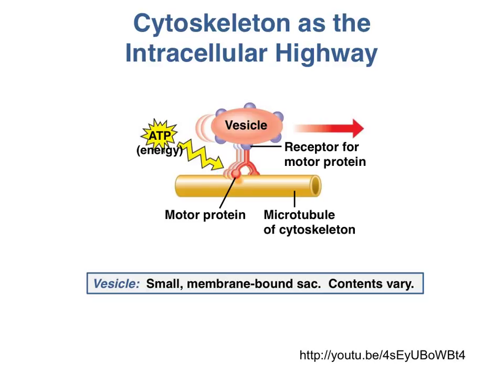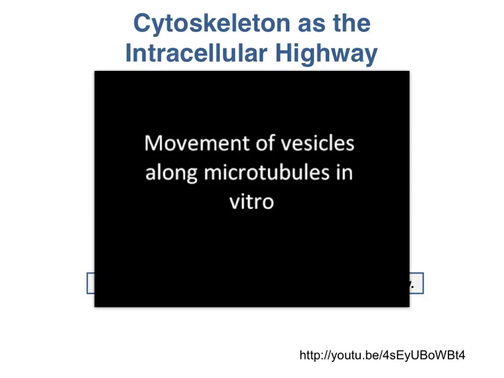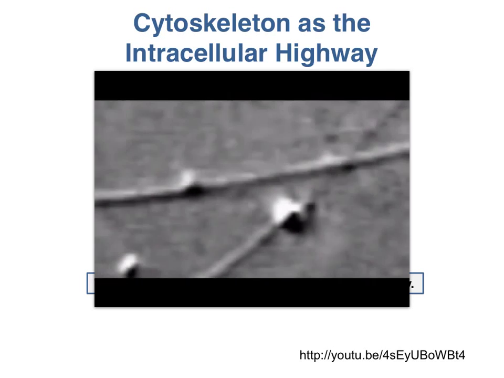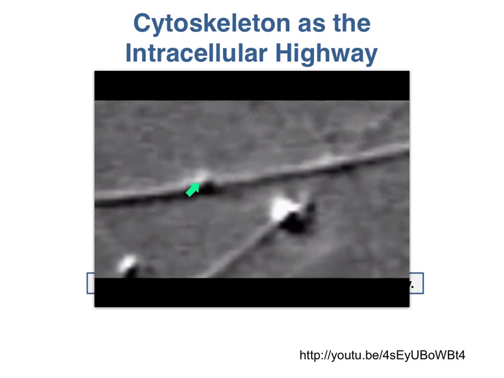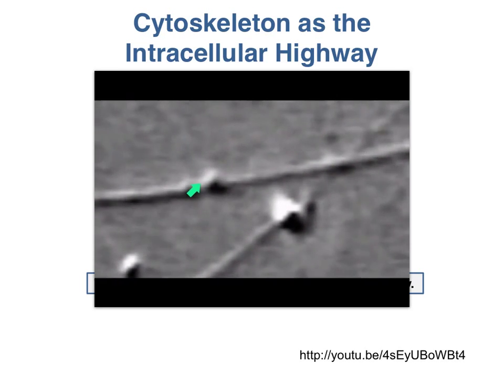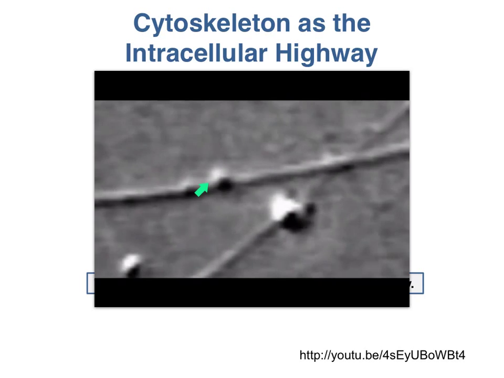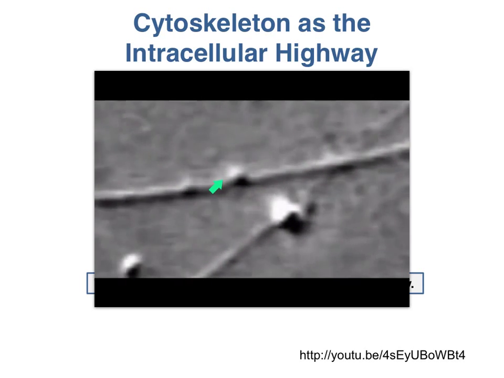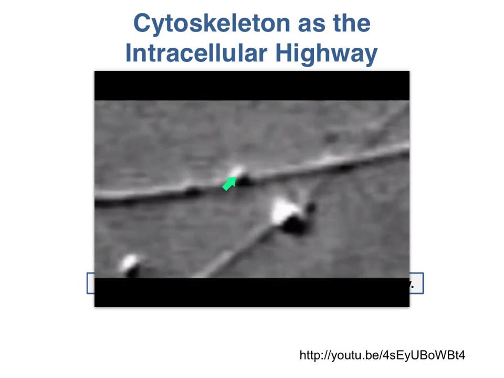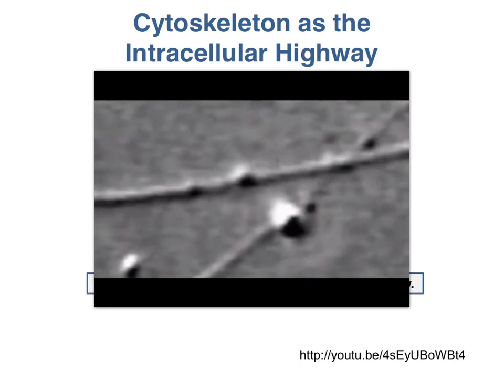And I want to show you that actually happening. So this is your microtubule. That's the little vesicle that was actually moving along it. This is probably another vesicle. I'm not 100% sure.